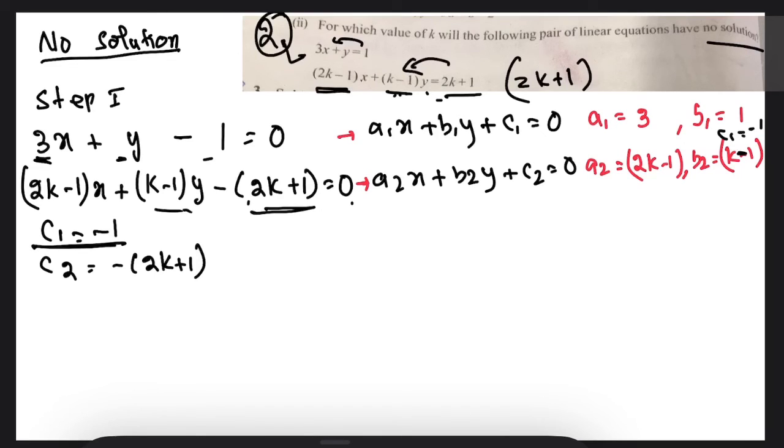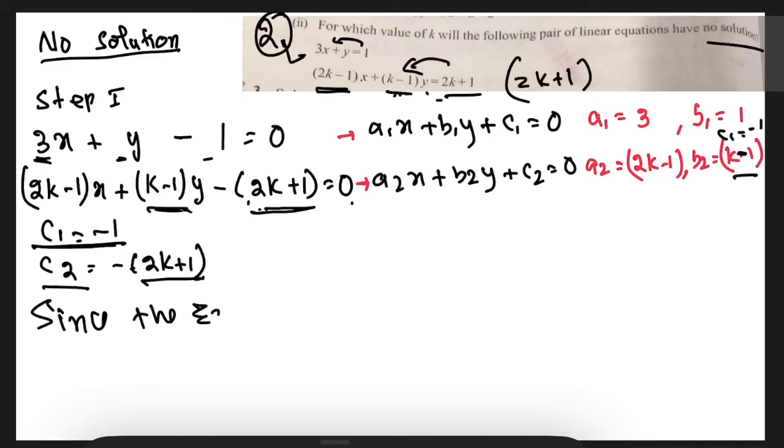Then here a2 is 2k minus 1, b2 is k minus 1, and c2 is minus 2k plus 1. This is our c2.